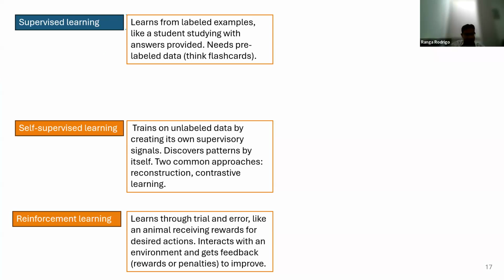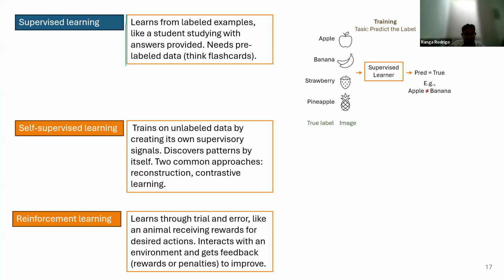Now let's take an example. Assume that you want to train a system to recognize pictures of fruits. For example, I can give an apple, and of course I know the label is apple. I can give a banana, and of course I know the label is banana, because this is a labeled data set. So images and the true labels are available in this case, right?